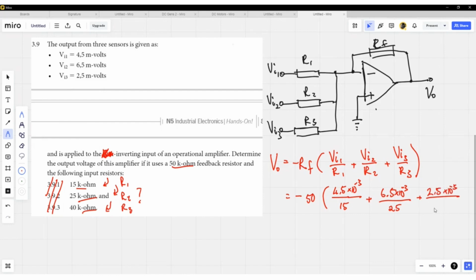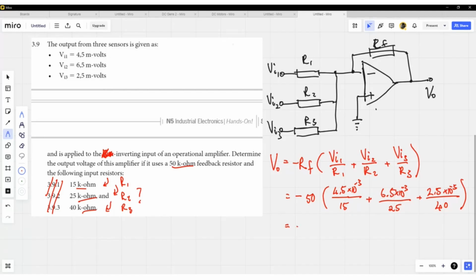And that is 40. Right, so now we can actually go and calculate this. Let's see, that is 4.5 divided by 15 plus 6.5 divided by 25 plus 2.5 divided by 40, multiplied by 50.